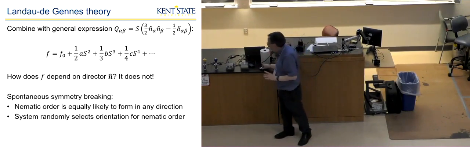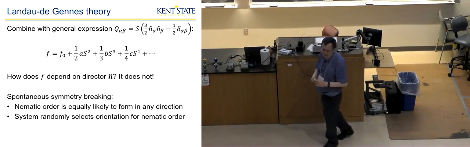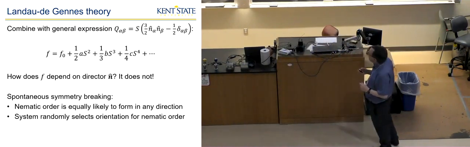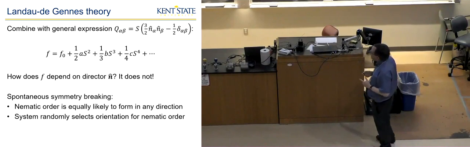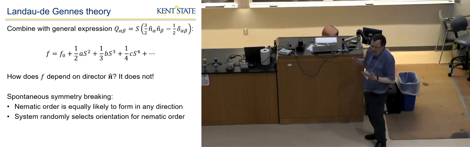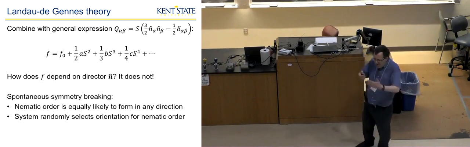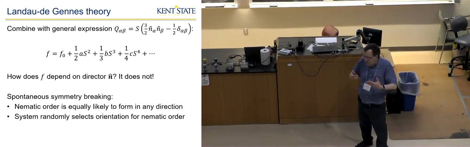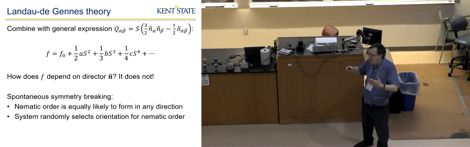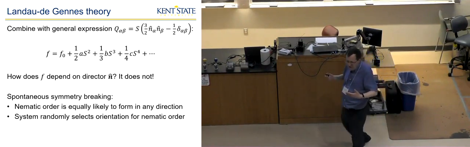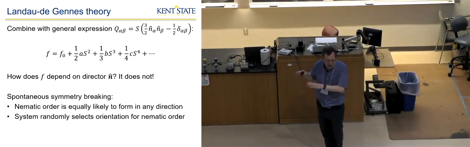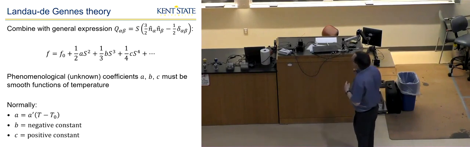So it only depends on the magnitude of the order and not the direction of the order. That's the idea of spontaneous symmetry breaking, that there's nothing in advance to break the symmetry. There's going to be a random selection by the system of which direction to line up the molecules.